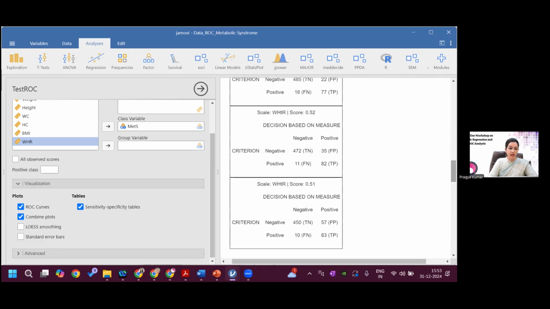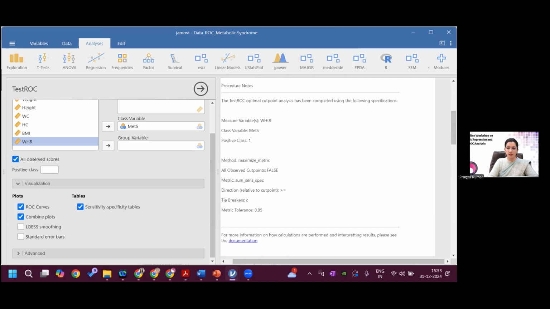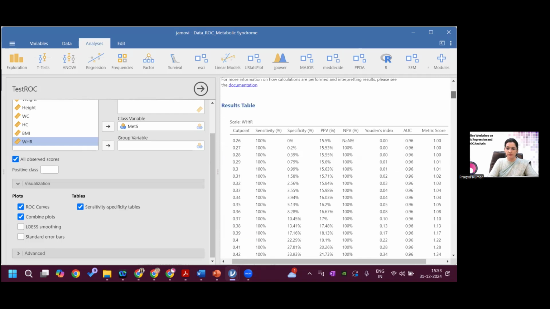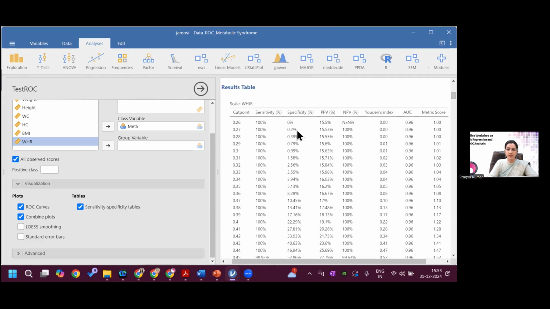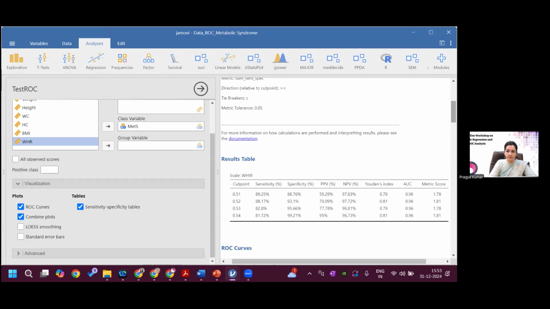If I want all observed scores, if you click all observed scores, it will give you a table with the sensitivity and specificity at each cutoff, at each 0.26 point. At each cutoff, it draws a 2x2 table and calculates the sensitivity, specificity, positive predictive value, and the negative predictive value. But it is not needed. Generally, we don't give this in the result.